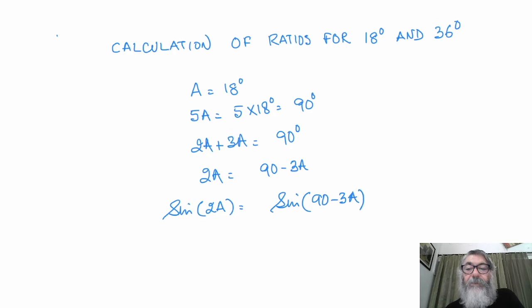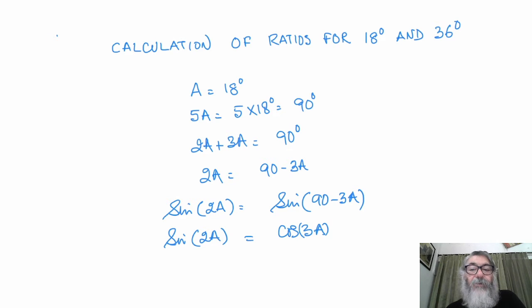Sine of 90 minus theta is cos theta. So sine 2A will become cos 3A.